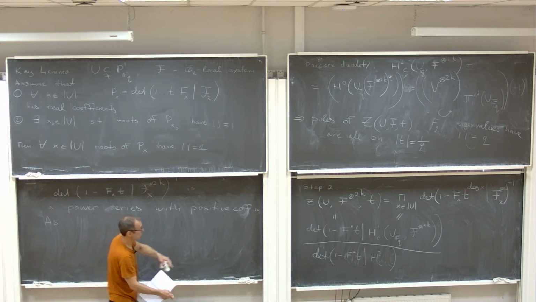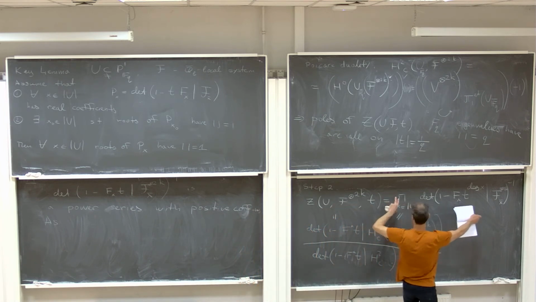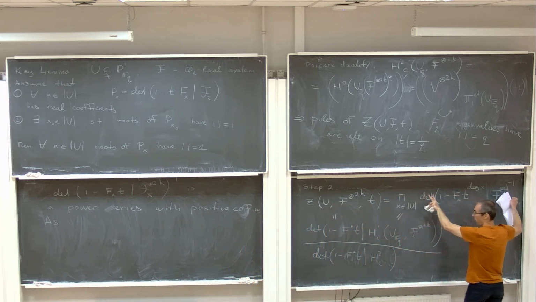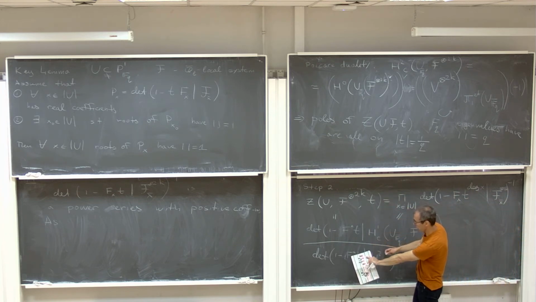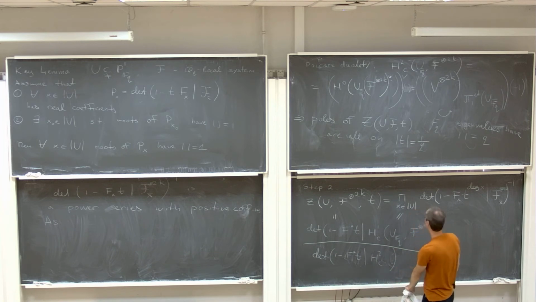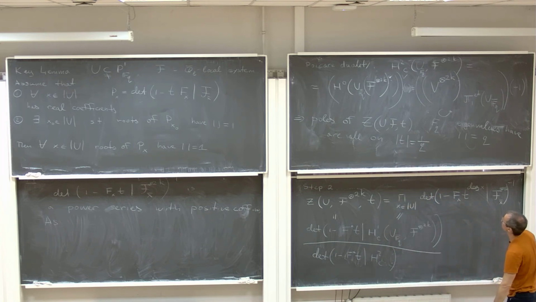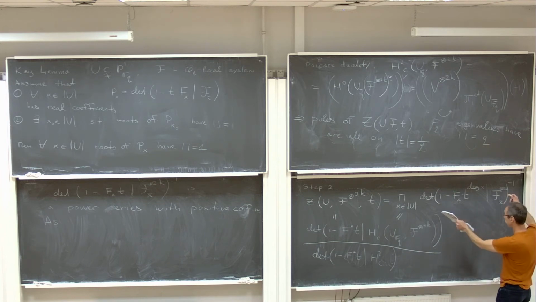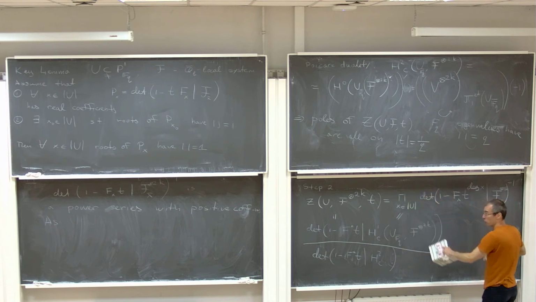Now, so this is a rational function. Let's look at this representation of the rational function as a power series. I know that the rational function has no poles inside this circle. So it means that the power series, this entire product, actually converges, right? This is Cauchy theorem.